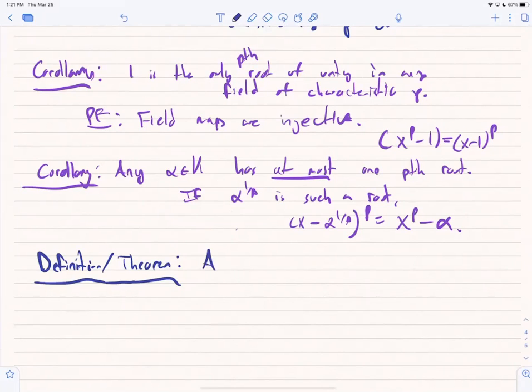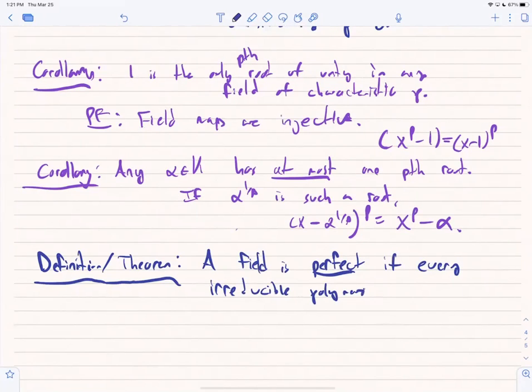A field is perfect if every irreducible polynomial is separable.